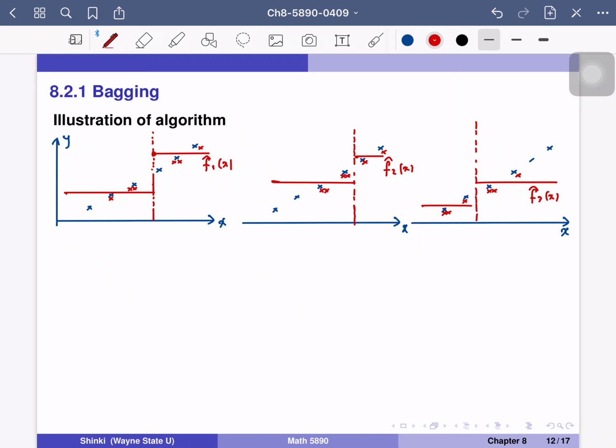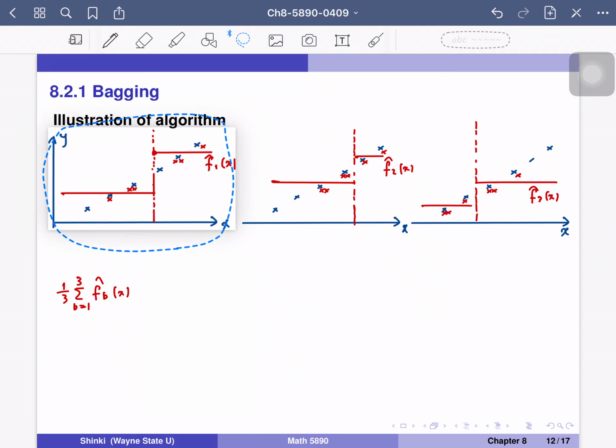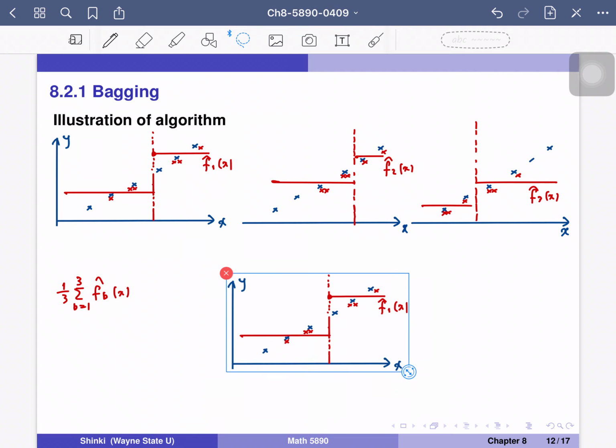If we take the average of these three, 1/3 times the sum over b equal to 1, 2, 3 of f hat b of x, then probably we get a smoother function.